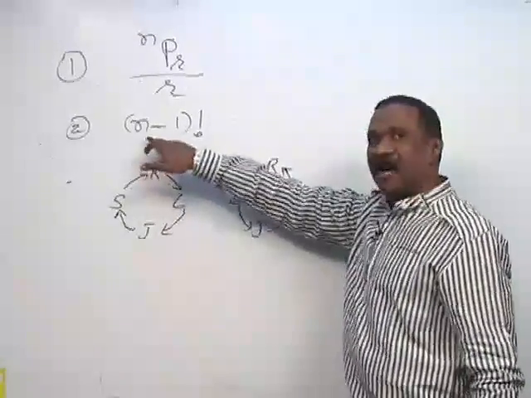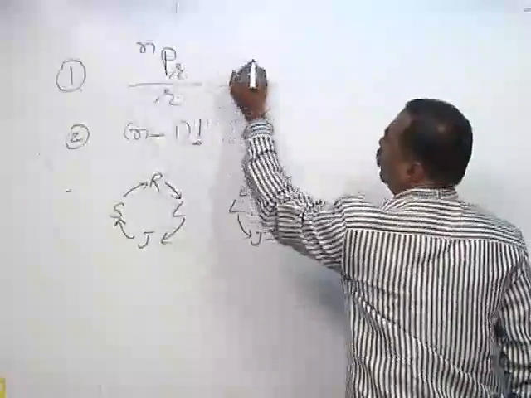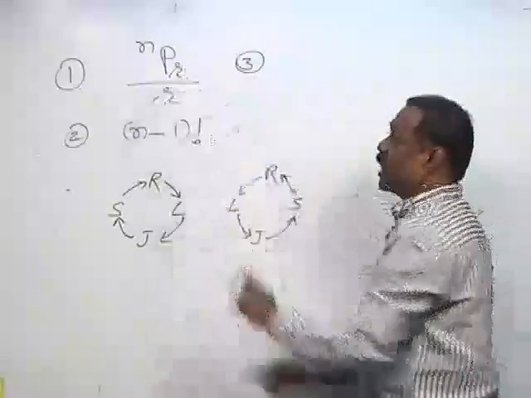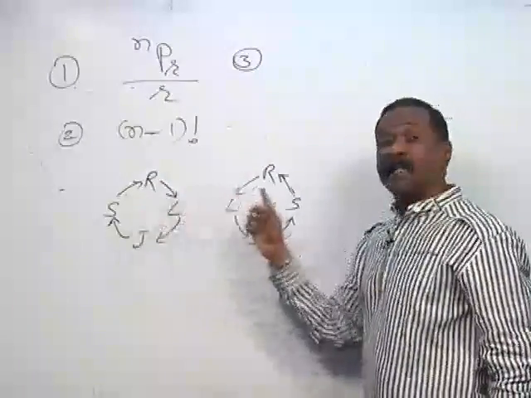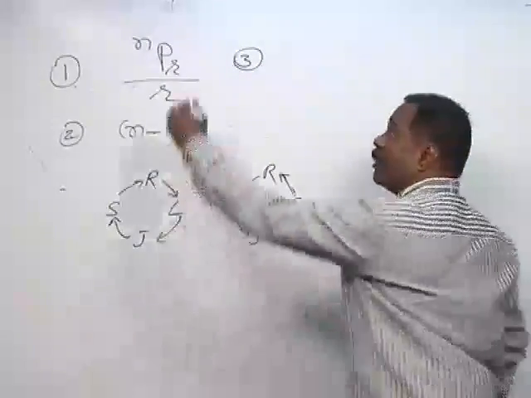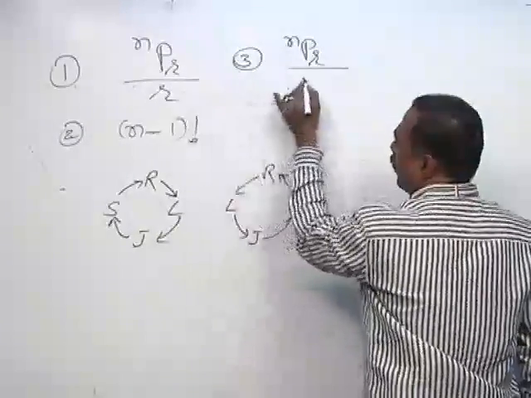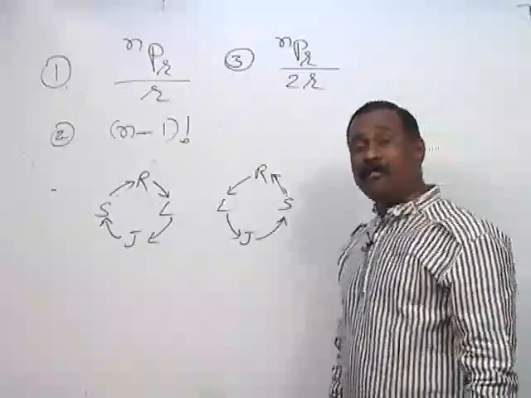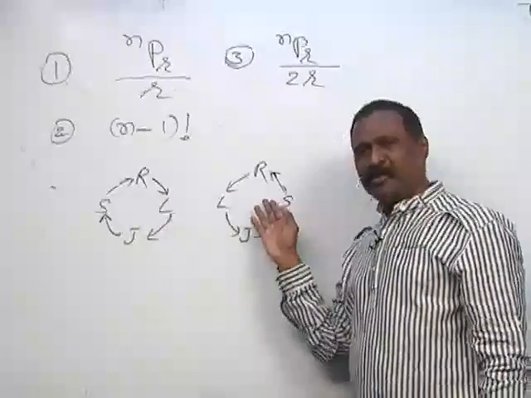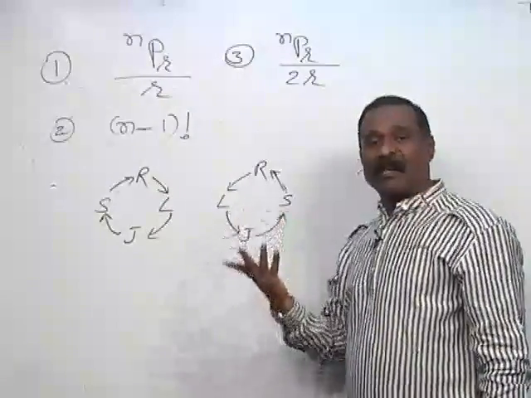But in this one, they are counted twice. That is why, in this case, for flowers in a garland or beads in a necklace, or mathematically we say that when clockwise and anti-clockwise directions are treated the same, it is not nPr by r, but it is nPr by 2r. Why divided by 2? Because these two are counted twice if they are flowers in a garland or beads in a necklace.